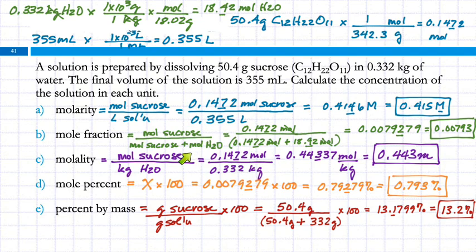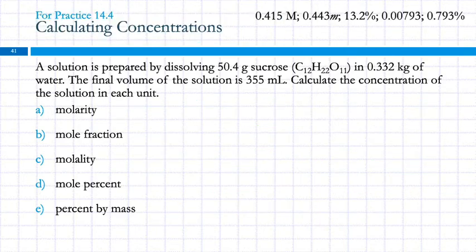But we did need the mass of water to find moles for mole fraction or the mass of water for molality. And so that's why they gave us so much information there, so we could do all of these. So let's see if I got those right. Yeah, I think so. They're out of order though. I'll have to fix that.